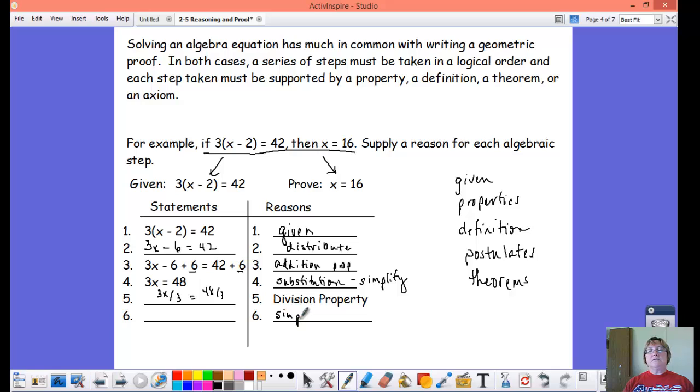I'm going to write simplify, although either word would be fine. X on the left side and 48 divided by 3 is 16, which we said is where we have to get. So you've written an algebraic proof there, taken each step in order, and given a reason for each of the steps.